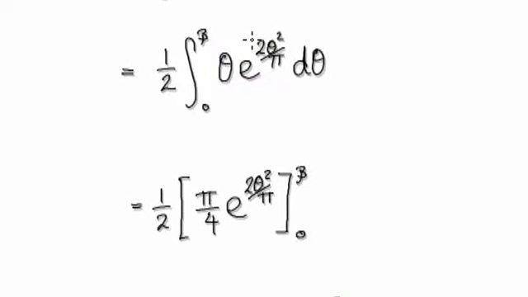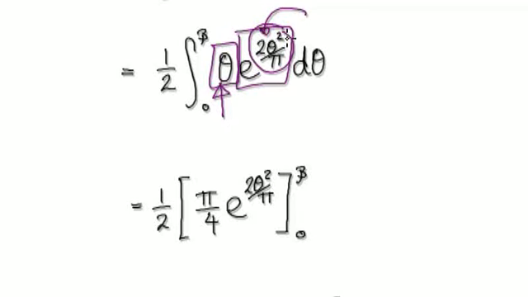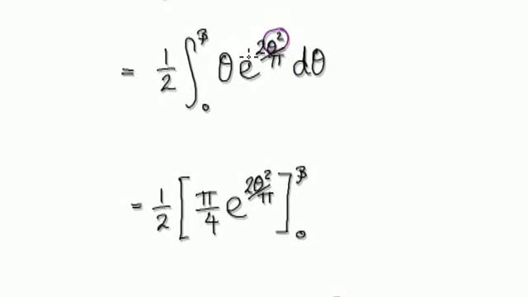So hang on, to integrate this, at the moment you've got one block multiplying with another block. We are trying to integrate this. When you're integrating, try to keep an eye out for something being the exact derivative of another thing. If you look at this here, this is near enough the exact derivative of this thing here. Because here you've got theta squared, and then here you've got theta.